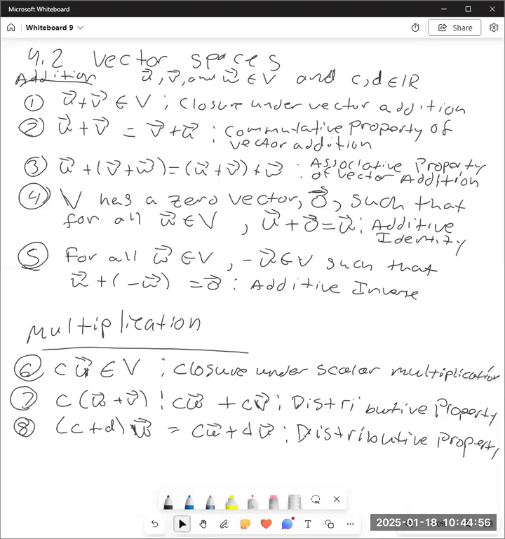All right, let's get into our associative property that we know exists for multiplication. So C times the quantity D times U is equal to CD times U. So that's our associative property.